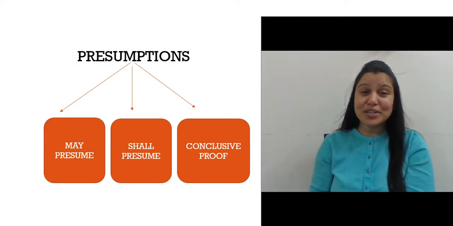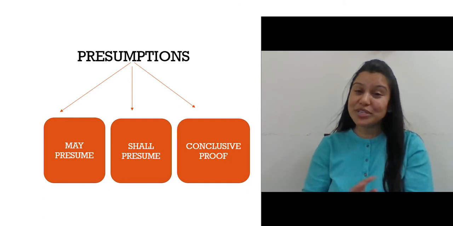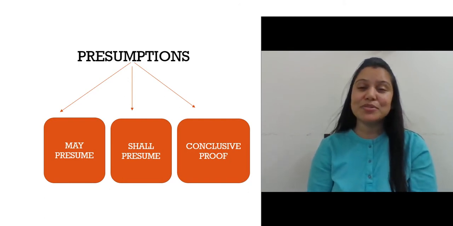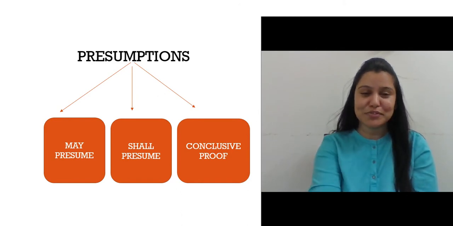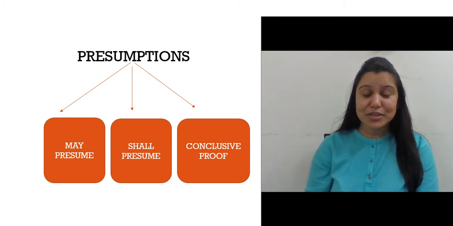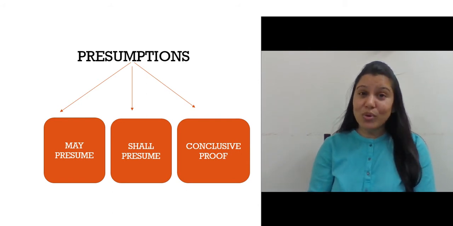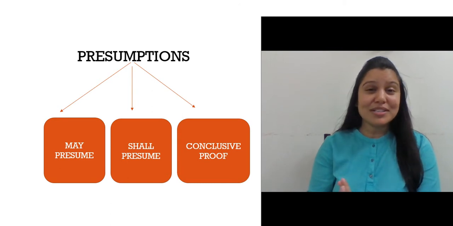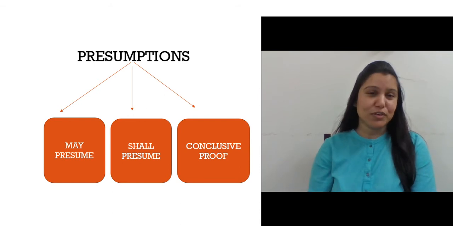Okay, so when it comes to presumptions under law, the presumptions are of three types. The first one is may presume, the next one is shall presume, and the third one is conclusive proof. When it is provided through this act that the court may presume a fact, the court may regard such fact as proved or may call for the proof of it.